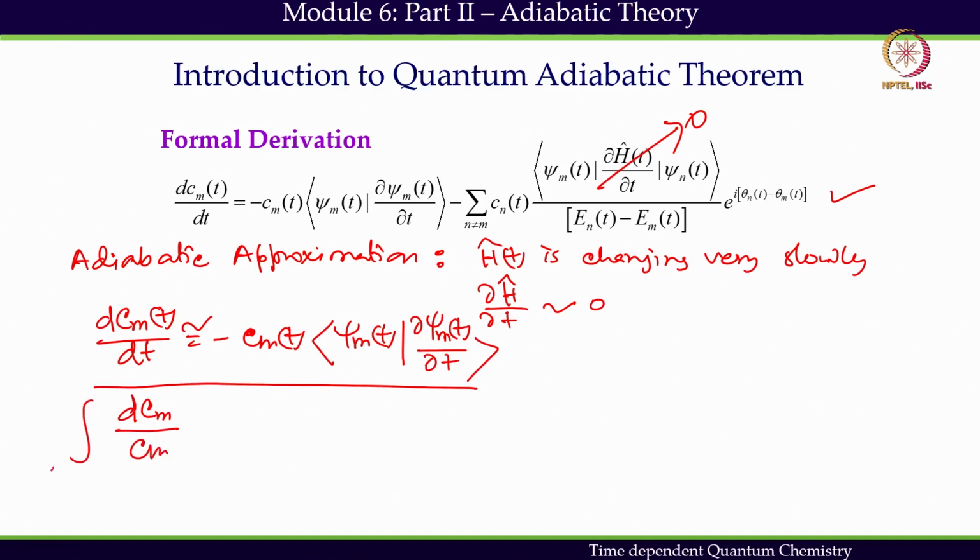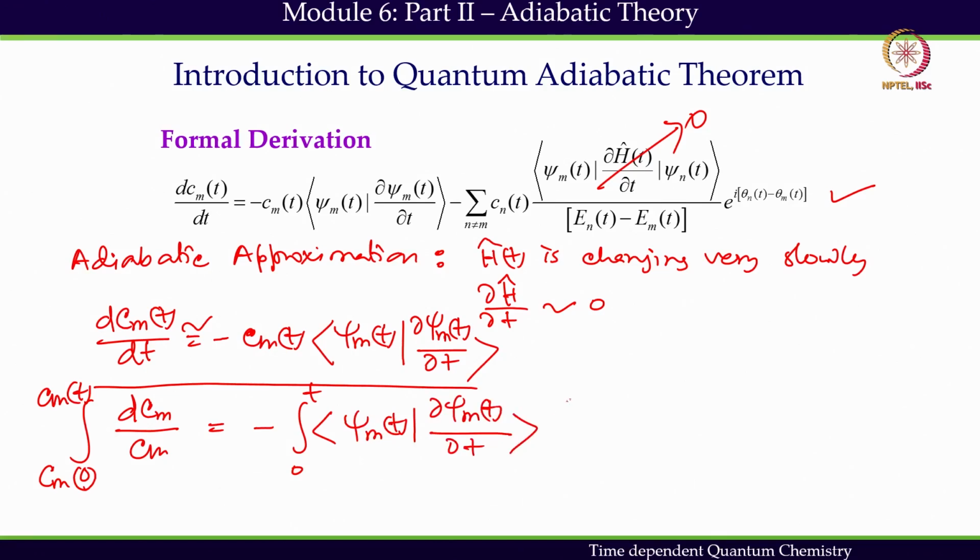Integrate it from Cm0 to Cmt, time equals 0 to t, with dt dash.